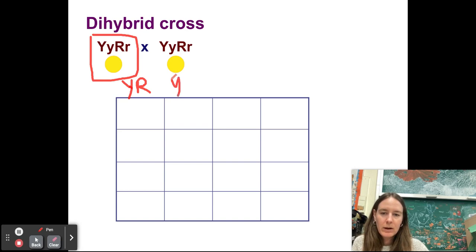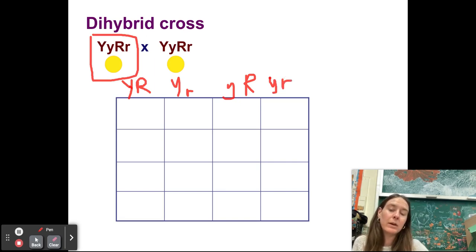Or what if you had a capital R and a lowercase y, right? Or what if you had a lowercase y and a lowercase r, right? So those are the optional gametes you can make, because when you're making gametes, you only have one of the homologous chromosomes, one copy of each allele.